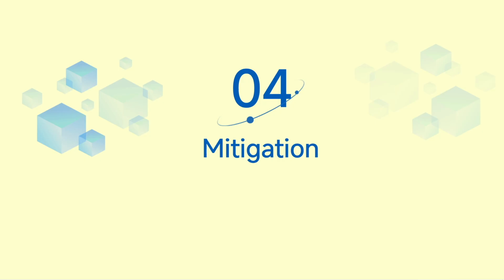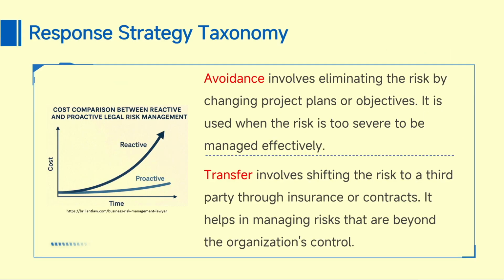So, the fourth stage is mitigation. The final stage of risk management, where we have three main options. The first option is avoidance, the second is transfer. Avoidance is where we are trying to eliminate the risk by changing the project plan and objectives. We are trying to change the plan and make sure the risk gets avoided. Okay.